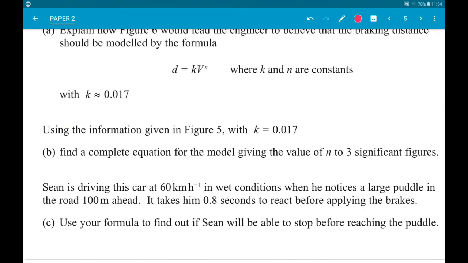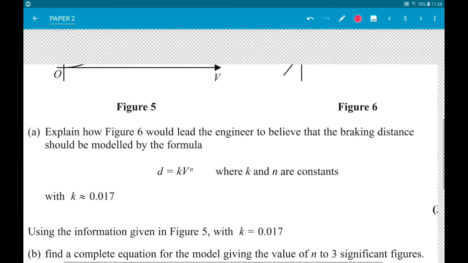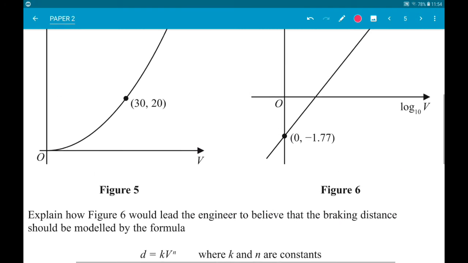Part B, using the information from figure 5, find a complete equation for the model giving the value of n to 3 sig figs. Alright, so in figure 5 we know that when v is 30, d is 20.